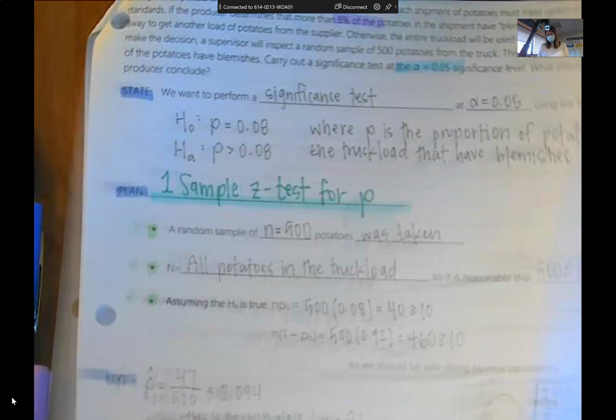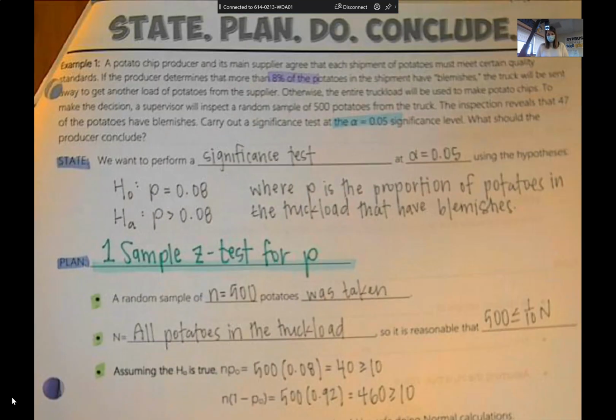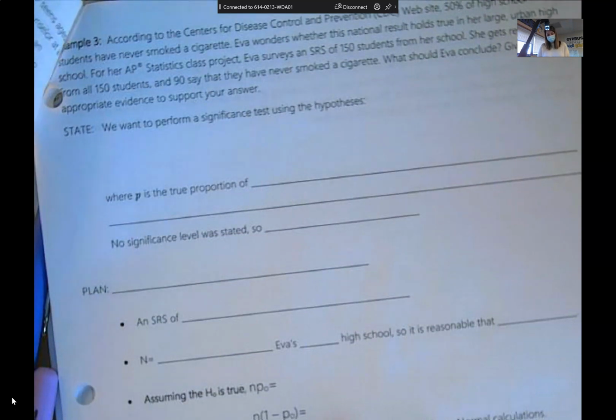Okay, so next one is very similar. So we had one about potatoes. Oh boy. Now we have the one from the campaign to prevent teen pregnancy and unplanned pregnancy.